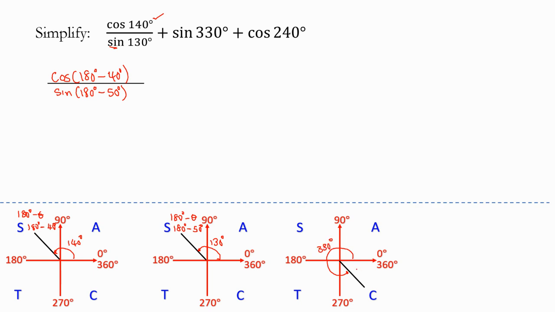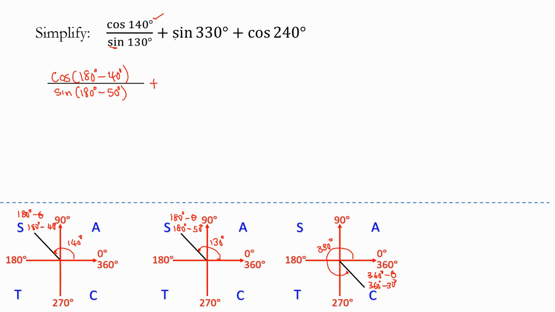This one is going to be in the form 360 degrees minus theta, in the fourth quadrant, so it's 360 degrees minus 30 degrees.